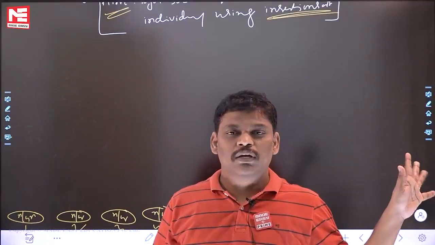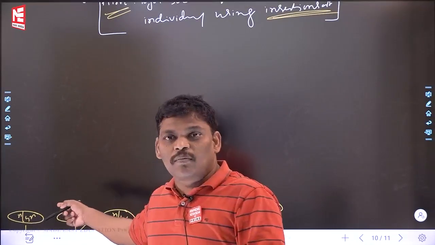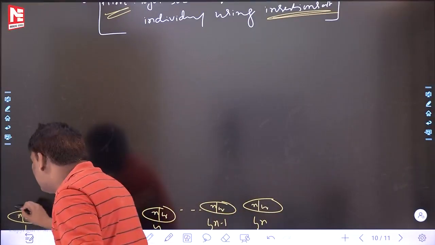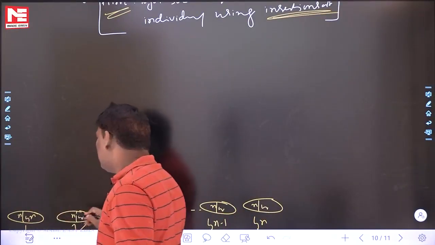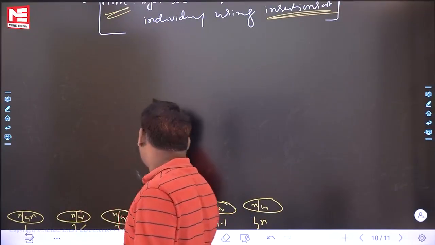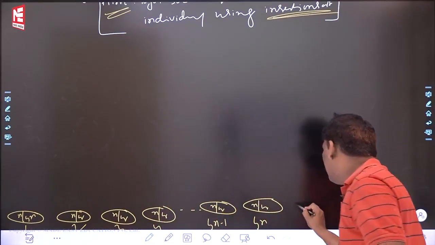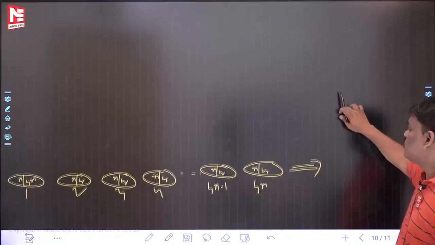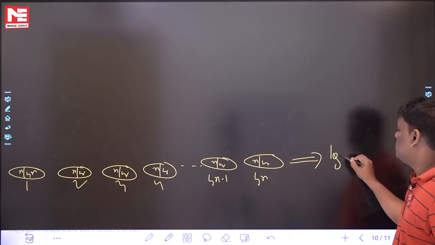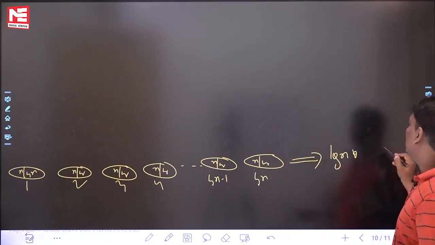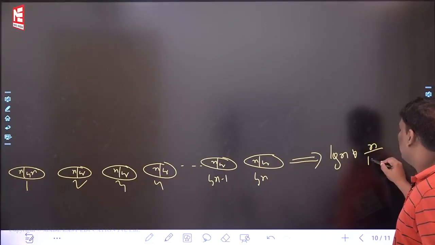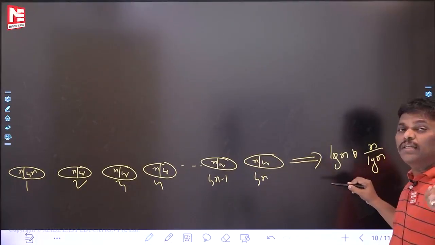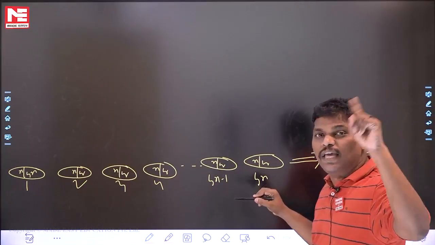Please be careful. He is applying the insertion sort algorithm individually. So what is the meaning? On this one he will apply insertion sort and sort, and here also. Can you help me with one small line now? In this level, how many groups are there? Log n groups. Every group contains how many elements? N by log n. If a group contained n elements, insertion sort would take worst case n square.